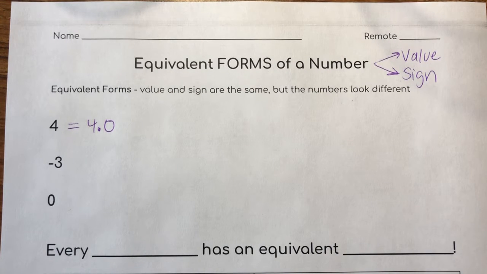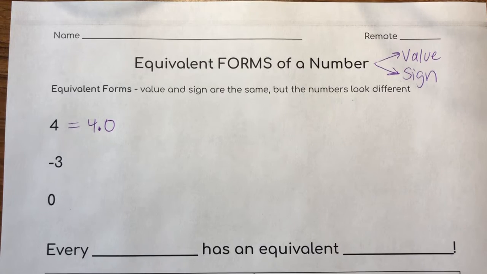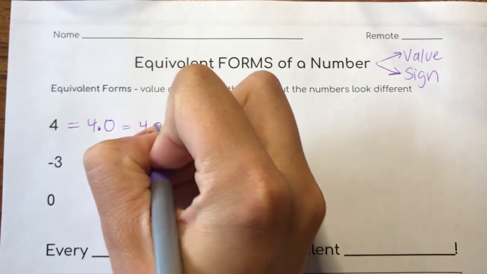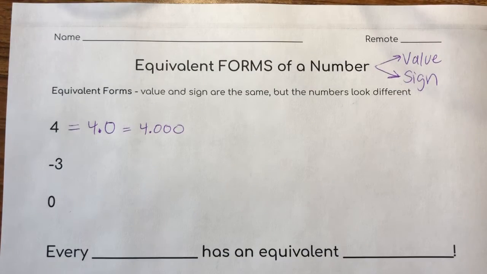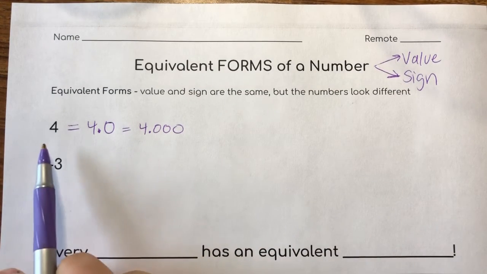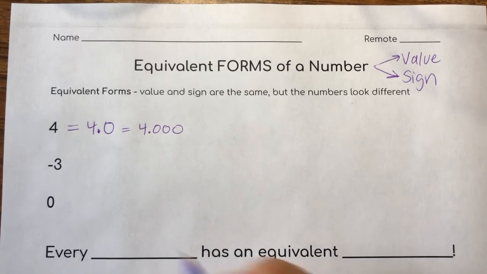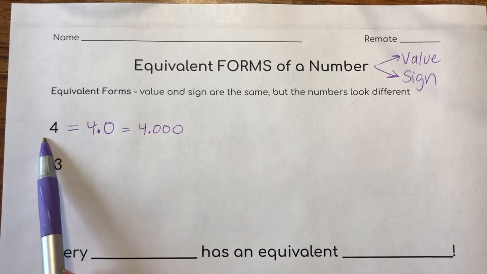Did I change the value or sign of that number? No, but I did change what it looked like. Another equivalent form is 4.000, which would also be worth 4, right? We're not adding anything with those decimal places. So those are some decimal forms that are both equivalent to 4.